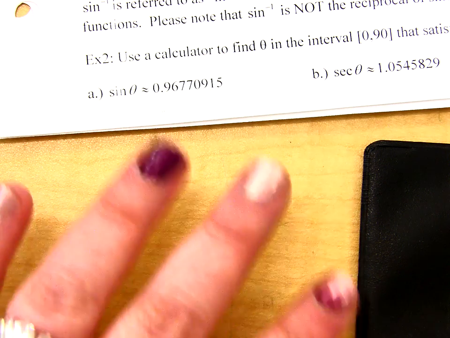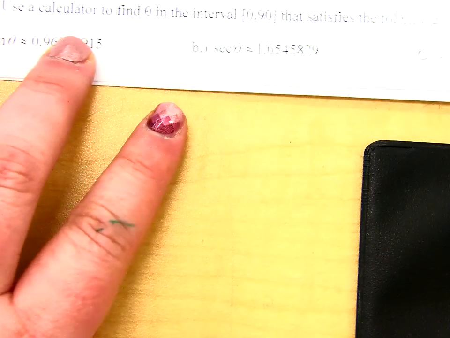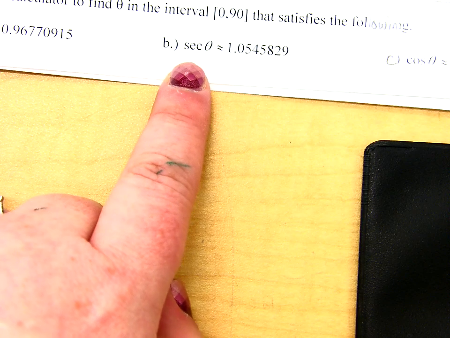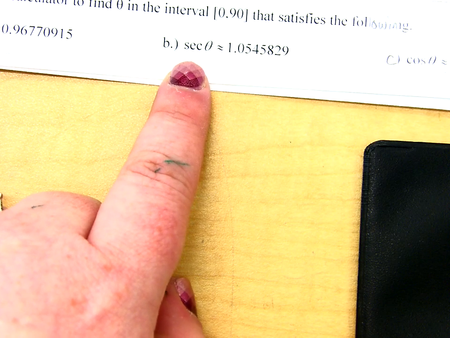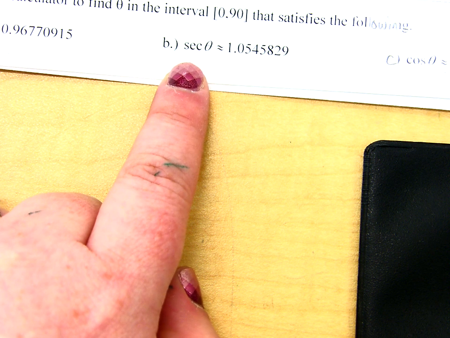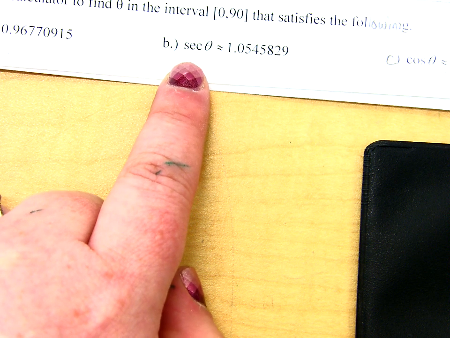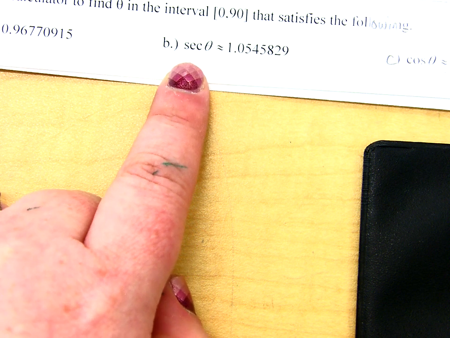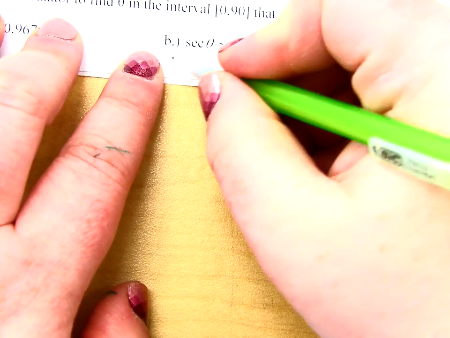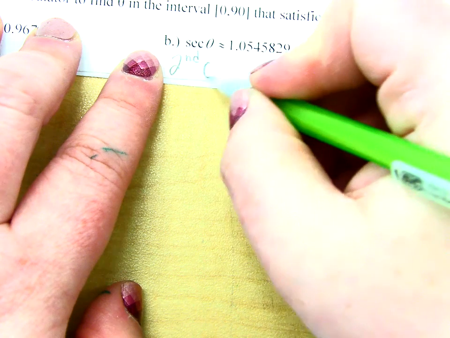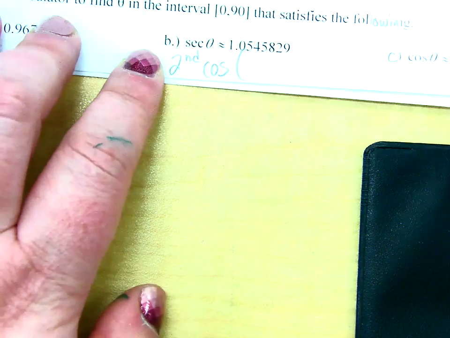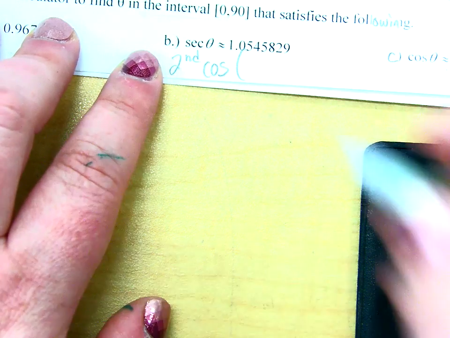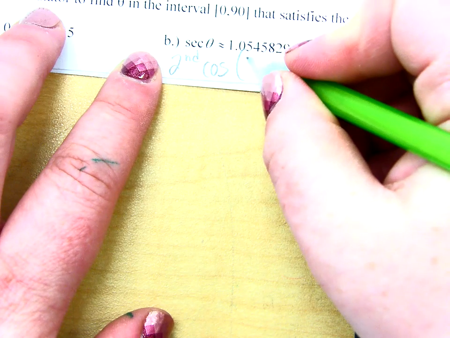Okay, so say I wanted to do B now. There's no secant button. So what I'm going to have to do is, who's the reciprocal of secant? Cosine. So I hit second cosine and then 1 divided by my angle, right?